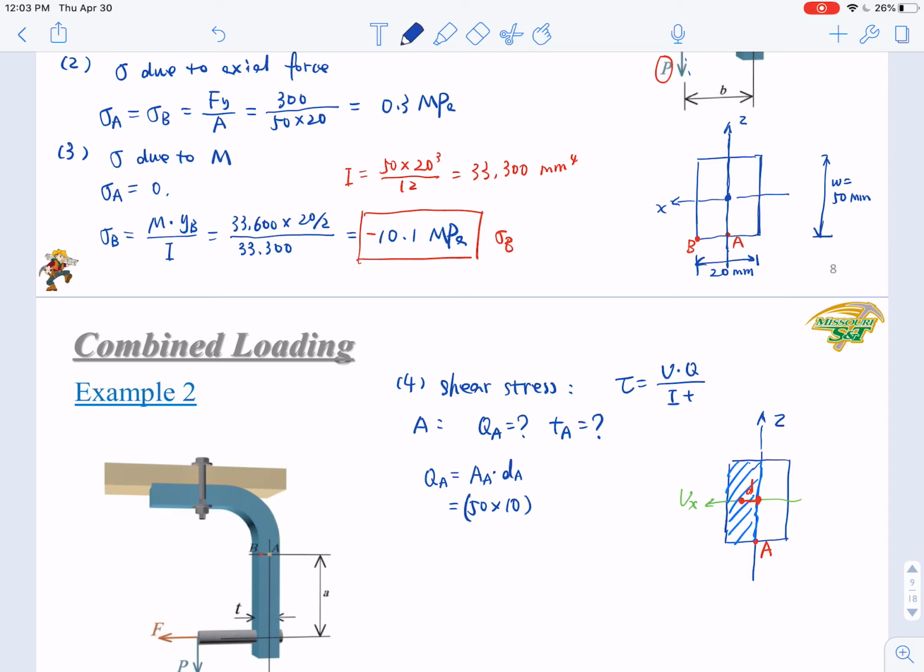And the d will be half of that, which is 5. So here you will get 2,500.